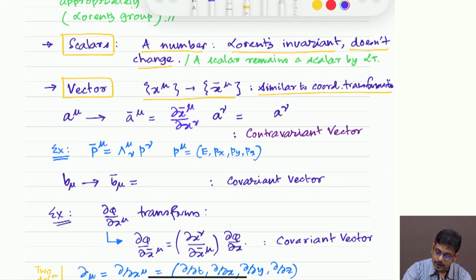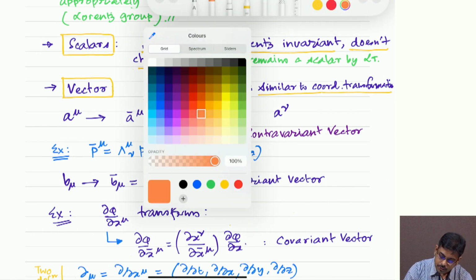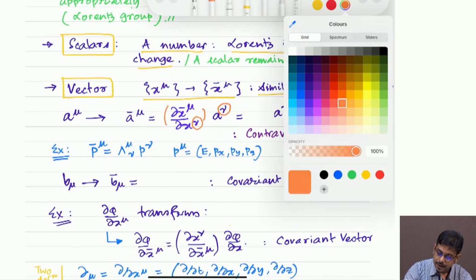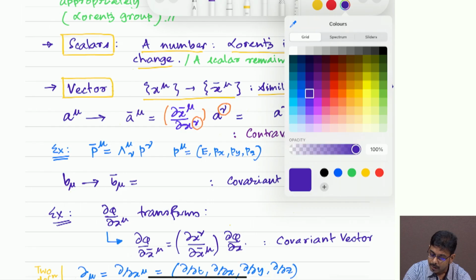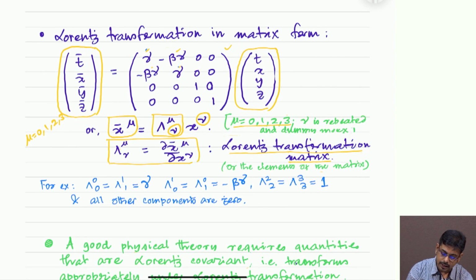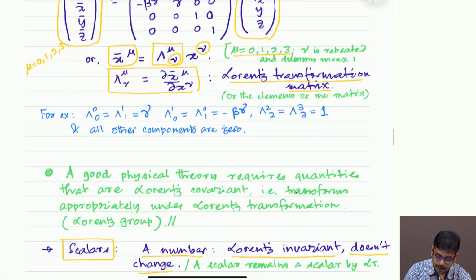Once again you observe here that this nu is a repeated index which is summed over, and we have del x bar mu by del x nu. Now, can you remember what this del x bar mu by del x nu matrix is? You can go back and take a look at this definition. This is nothing but the Lorentz transformation matrix itself.